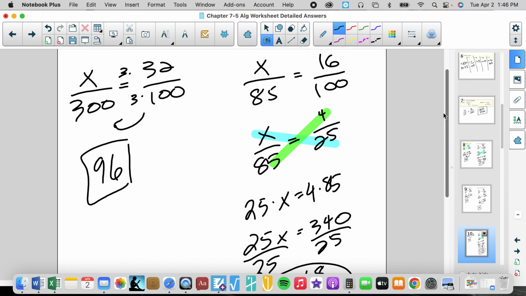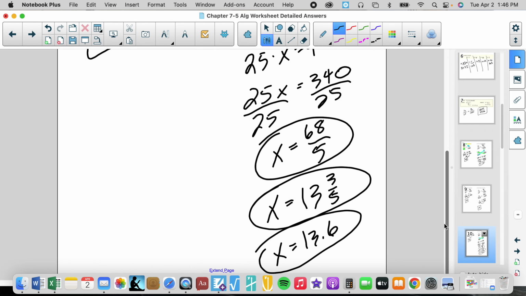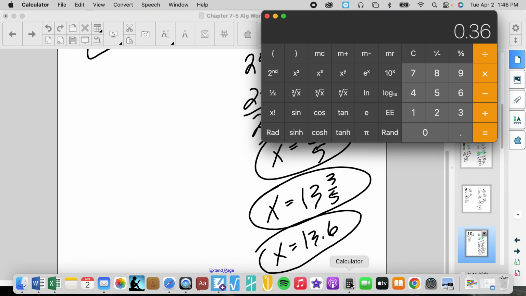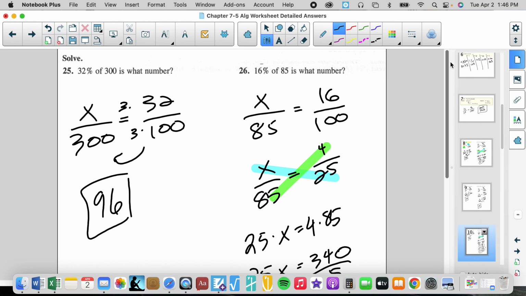And now let's see. 16% of 85 is what? So the other way that we can do is the calculator way. 16% is 0.16 times 85 gives you 13.6. So that's the mathematical way of what this is doing.